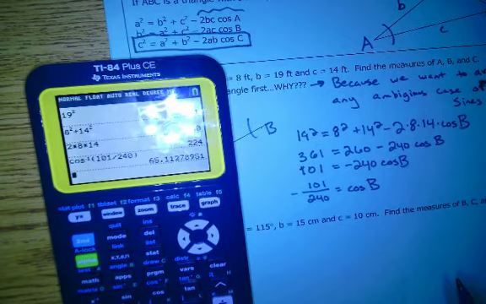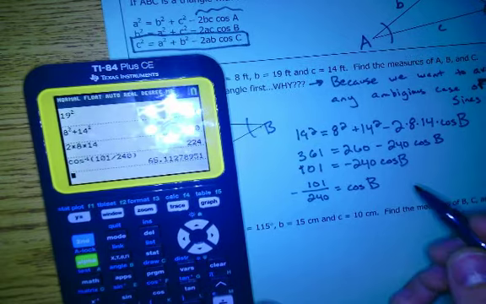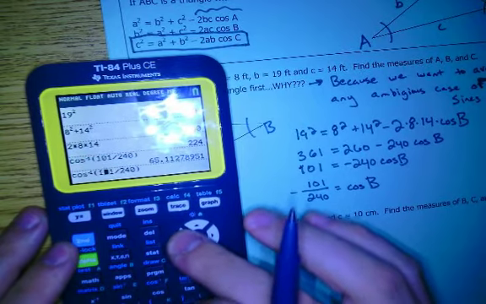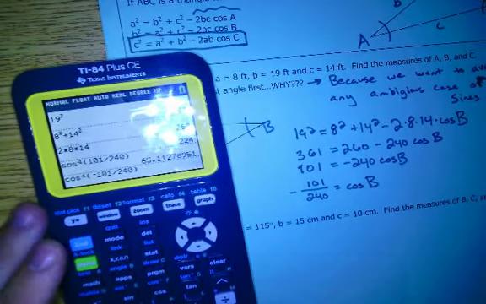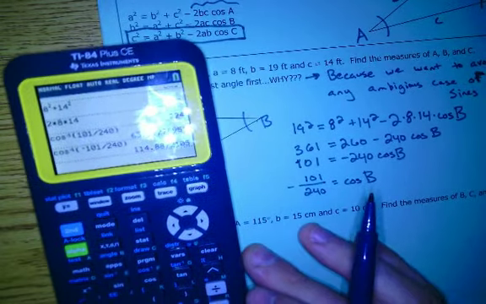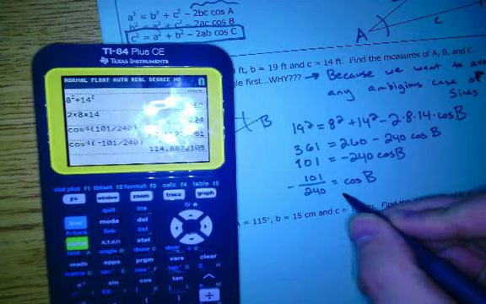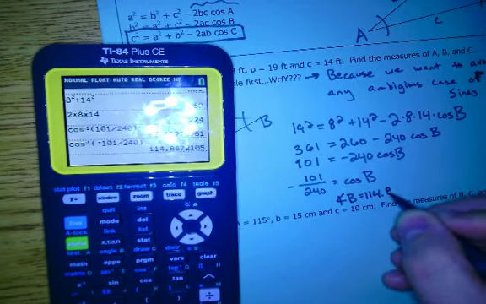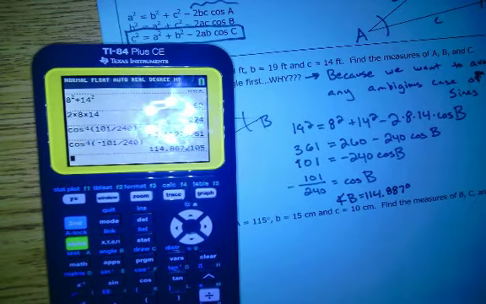Nope, I forgot the negative, so that was not my angle measure. There we go, that's better. So we're going to get 114.887 degrees.